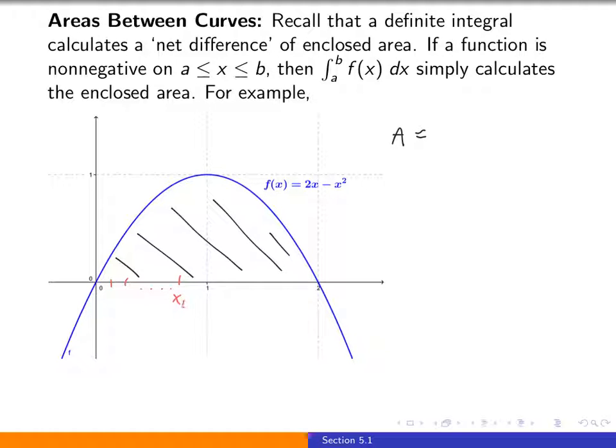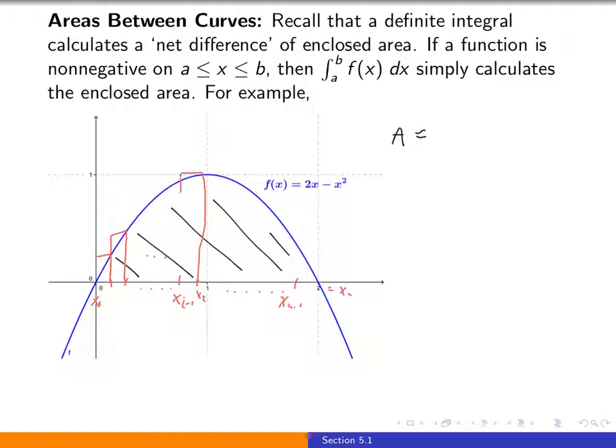In general, you have x sub i minus 1 to x sub i, all the way over to x sub n minus 1, and 2 in this case would be x sub n, and then 0 would be x sub 0. And then on each one of these subintervals, we draw a rectangle where I've used, in this case, the right-hand endpoint to determine the height.